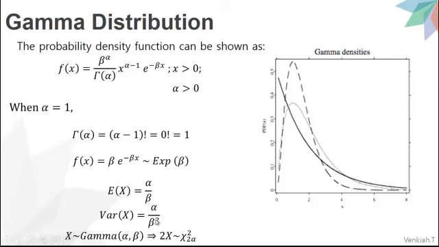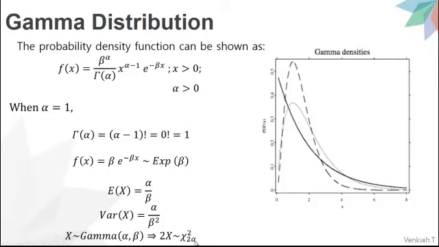Something about the gamma distribution is that if x follows gamma of alpha and beta, this would imply that 2x would follow the chi-square distribution with 2 alpha degrees of freedom.